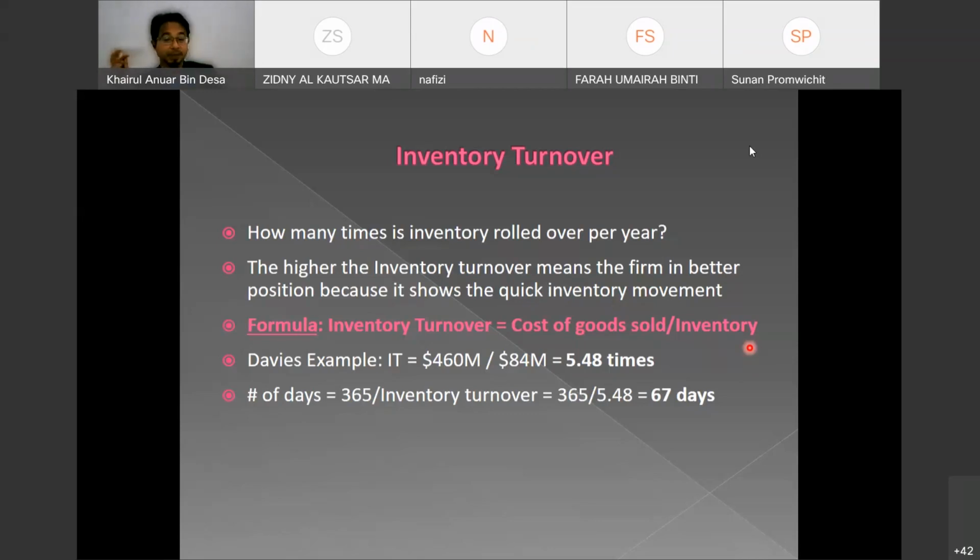Number one is benchmark. Number two is comparison. That's the idea. The idea ada di situ, tapi you jawab mendarat-darat ke merata-rata. Ada dua saja, sama ada you use the benchmark or you use yearly comparison, year by year comparison.